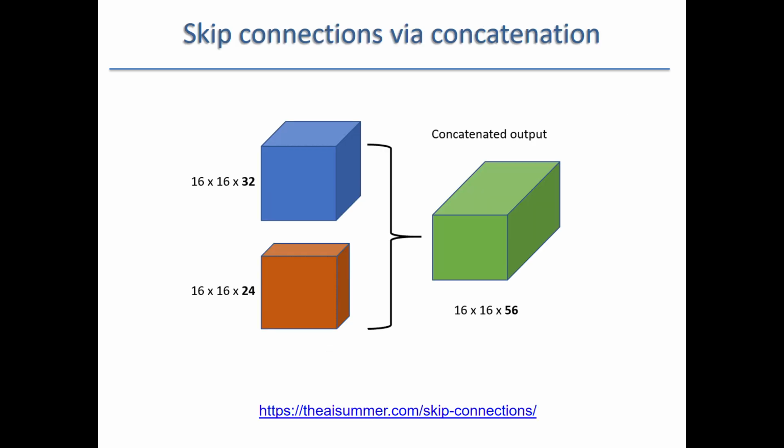But now in the concatenated output, they are decoupled. So the next layers can pay attention to some parts of the input or some parts of the residuals or whatever they decide.